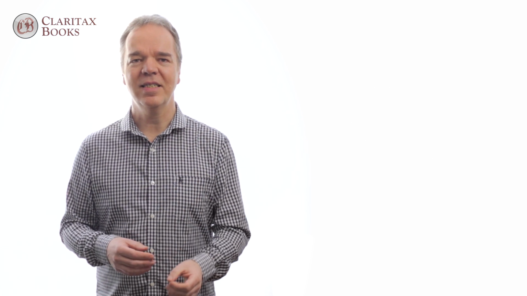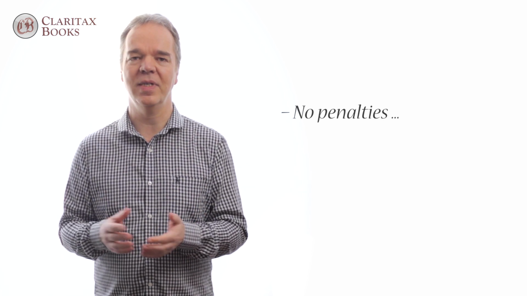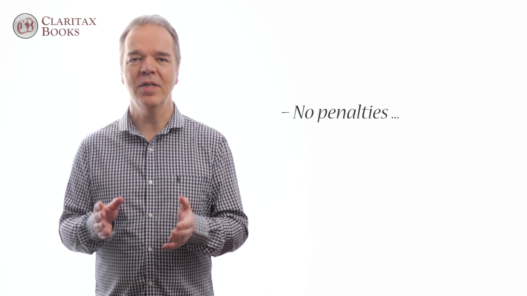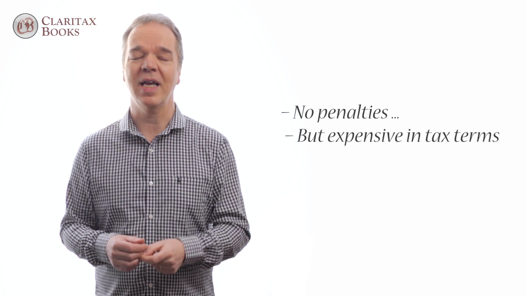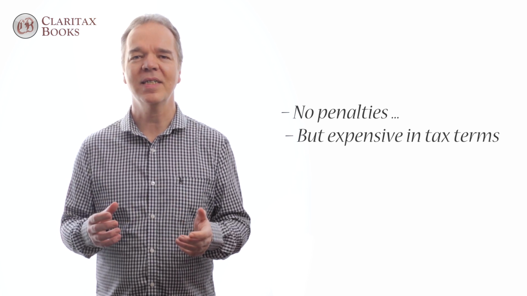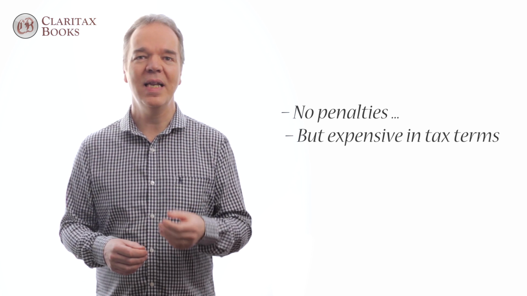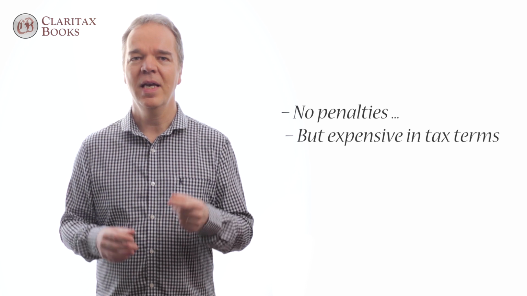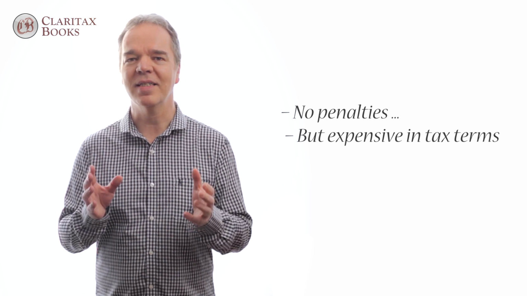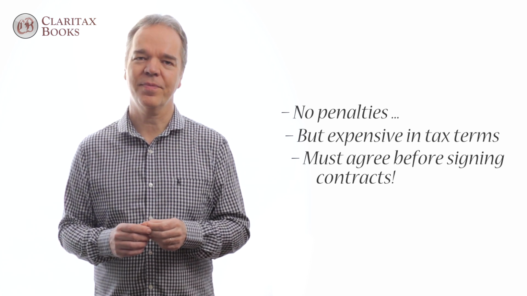Now, I said that the legislation imposes these requirements, but this isn't in the sense that there are penalties for failing to do these things. However, the purchaser and all future owners will be denied valuable capital allowances if the parties do not jump through these two hoops. As there may be little or no incentive for the vendor to meet the pooling requirement, it follows that these points must be negotiated before completion of the deal.